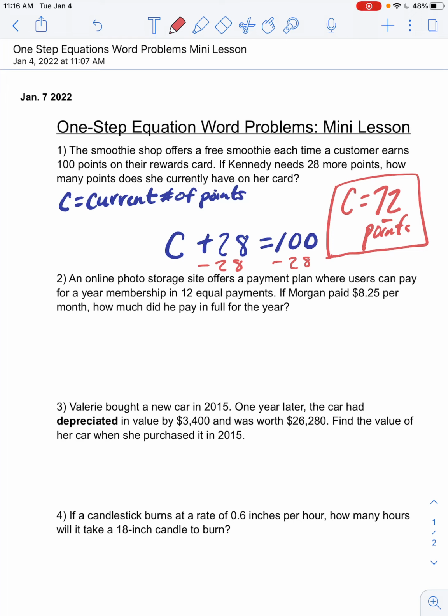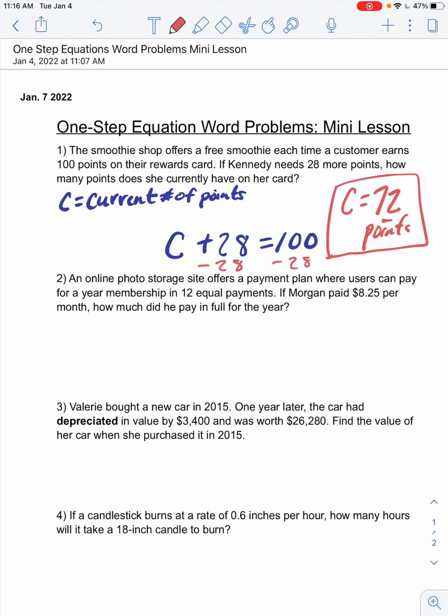Number 2 says an online photo storage site offers a payment plan where users can pay for a year membership in 12 equal payments. If Morgan paid $8.25 per month, how much did he pay in full for the year?